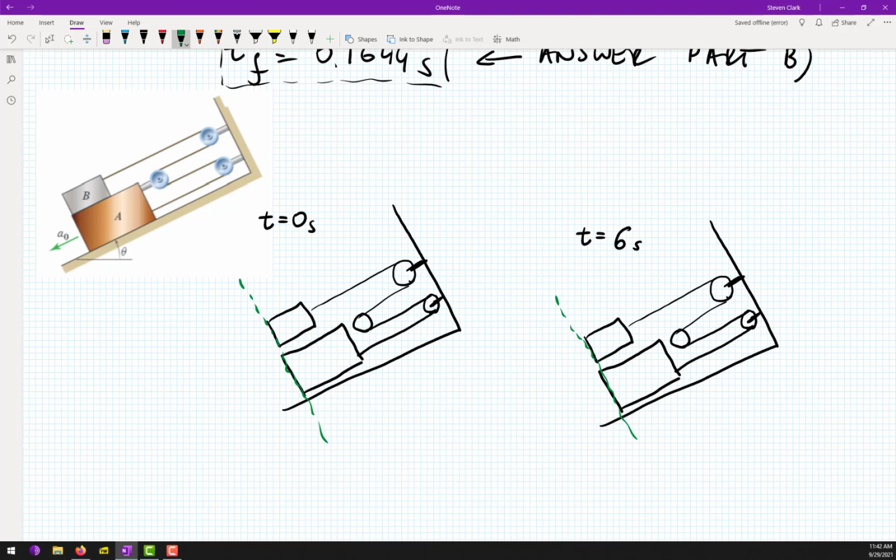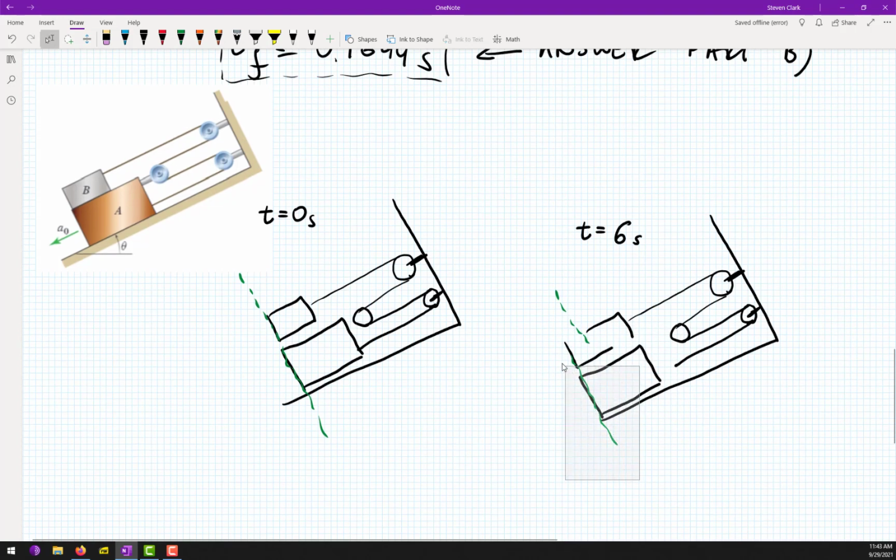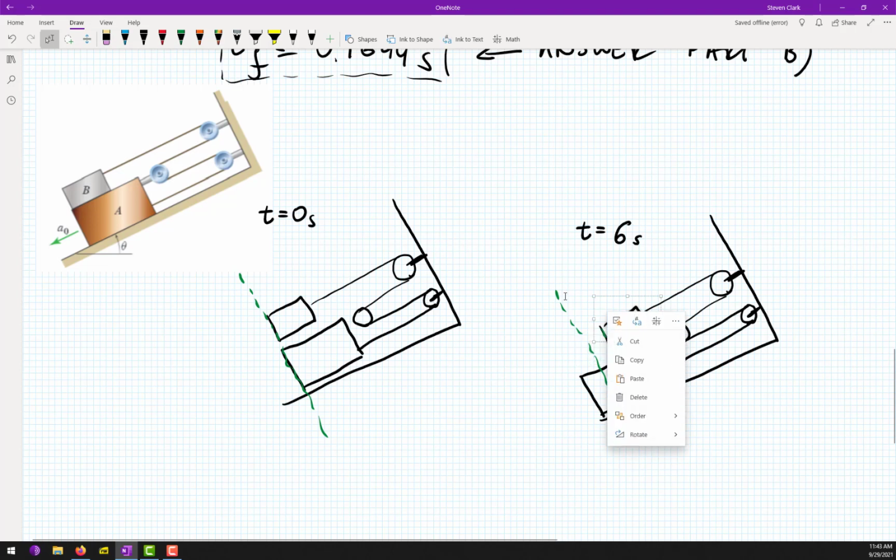Basically, this box will move a little bit downwards, this box will move a little bit downwards, while this guy will move a little bit upwards. So this is our situation at time instant 5 seconds, as Kevin wanted.